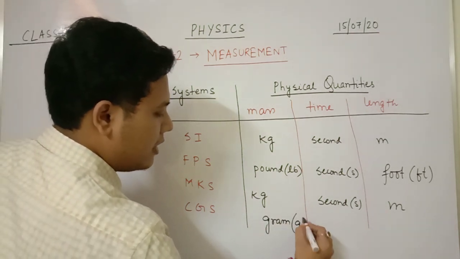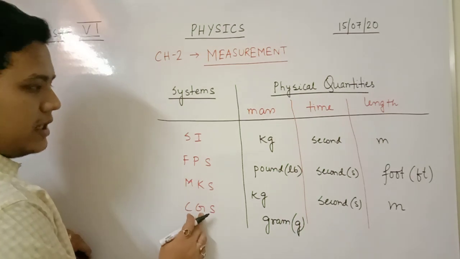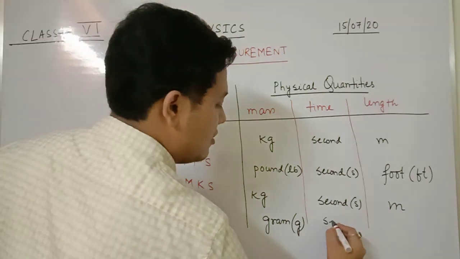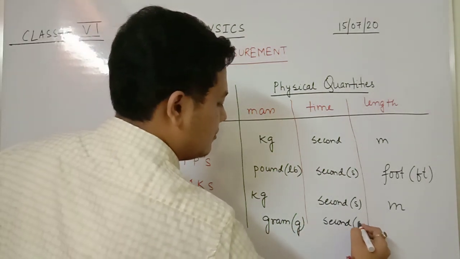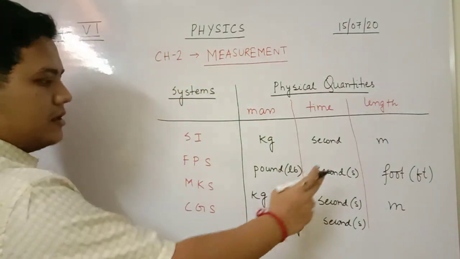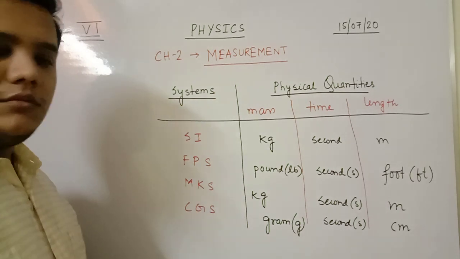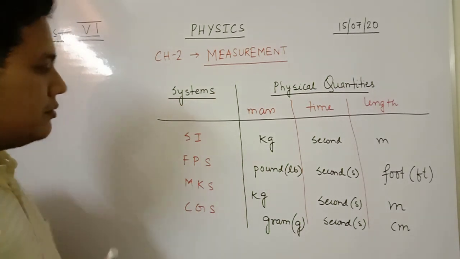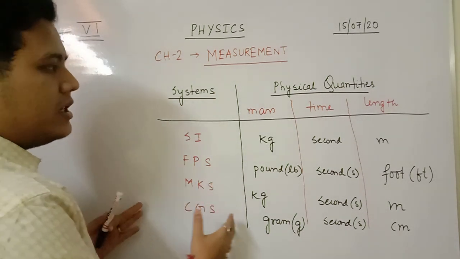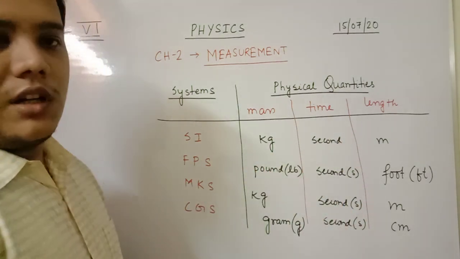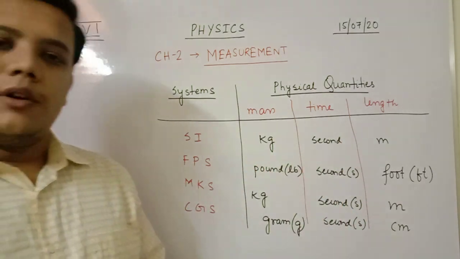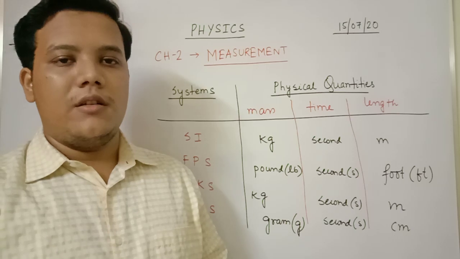You know the symbol of gram, it is small g. Next, the time is also second. And third is length, which is measured in centimeter. So this is how we distinguish between the units for the various physical quantities. I hope you have understood till this part. Thank you.